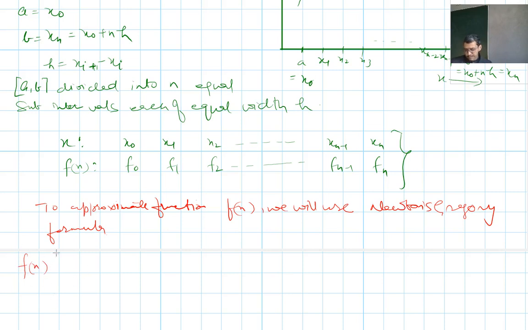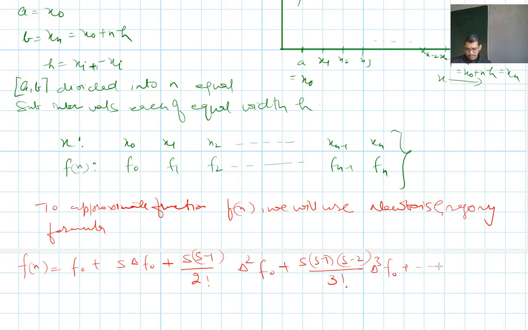So f of x can be approximated as f naught plus s delta f naught plus s into s minus 1 over 2 factorial delta square f naught plus s into s minus 1 into s minus 2 over 3 factorial delta cube f naught and so on.